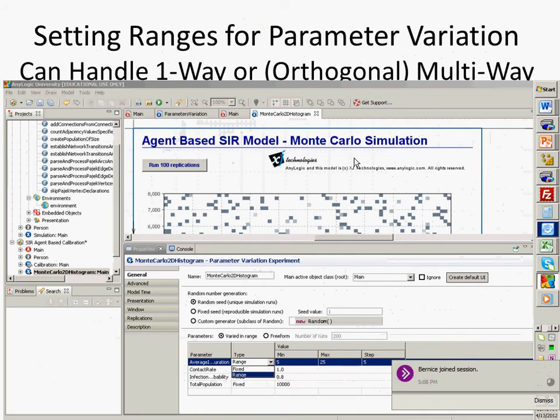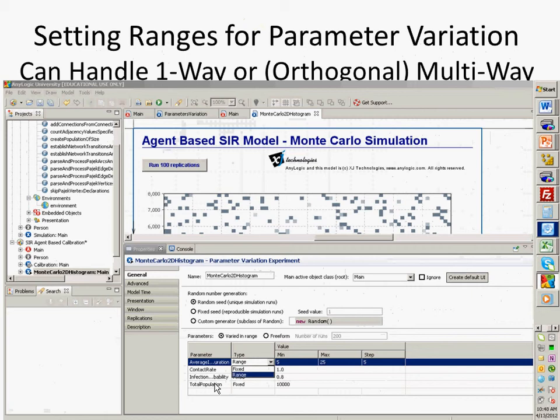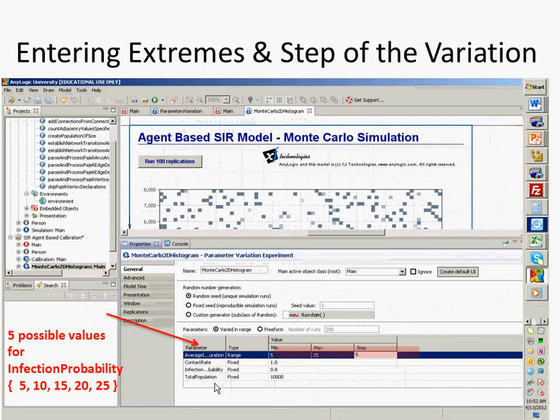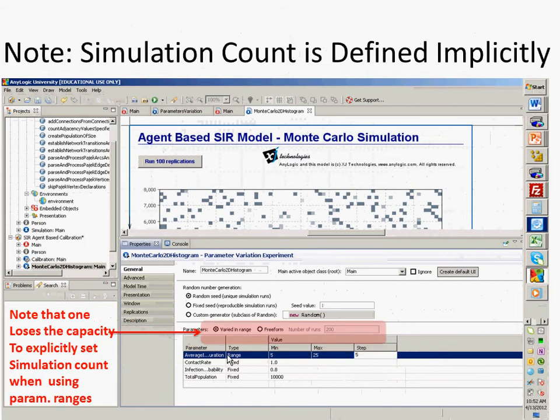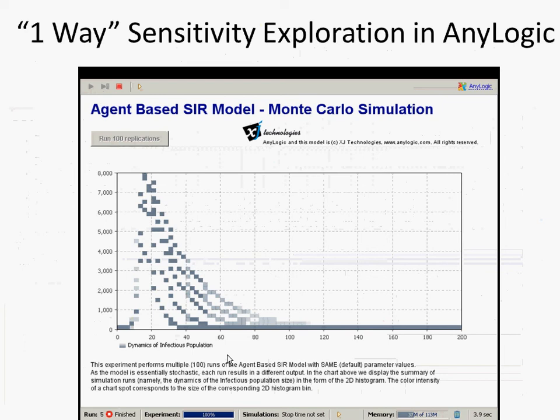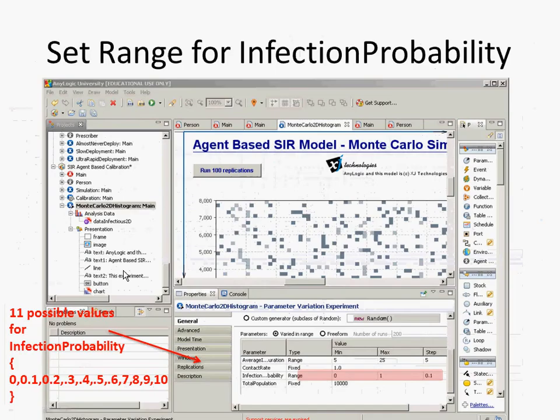So, for example, sweeping parameters over ranges of values, in this case for a one-way sensitivity analysis with respect to this parameter. And we may see results that look like that, or indeed sweeping two parameters at the same time over what's called a multi-way sensitivity analysis, where what's done is a systematic exploration in a sort of grid.